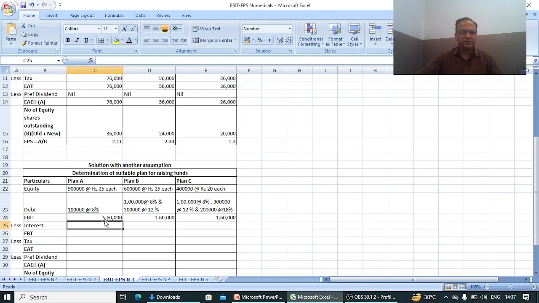Now, interest: 1 lakh at the rate of 8% means 8,000. 1 lakh at the rate of 8% means 8,000 plus 3 lakh at the rate of 12%, 36,000, is equal to 44,000. Now 8,000 plus 36,000 plus 36,000.